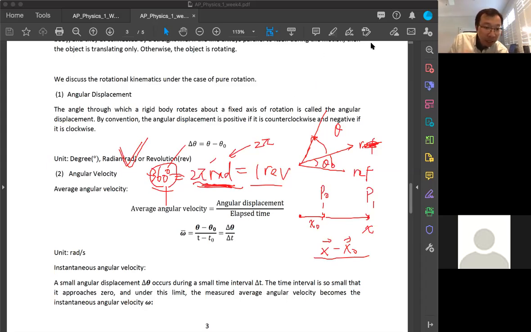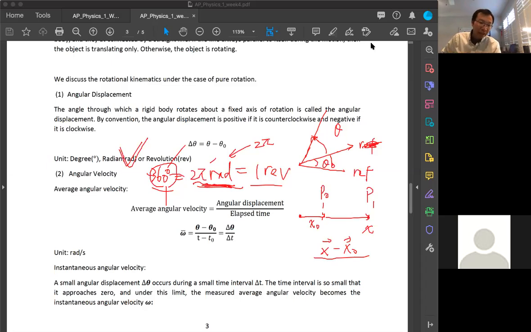All right. Next, angular velocity. Well, pretty similar definition to the velocity, right? Since we have displacement, we want to find out the average angular velocity, which should be the angular displacement, or say the change in angle, divided by the time used to finish that. Angular displacement is the angle traveled, divided by how much time is used.